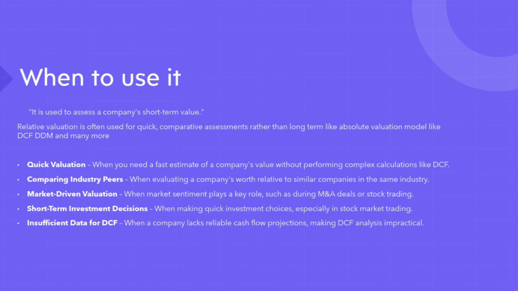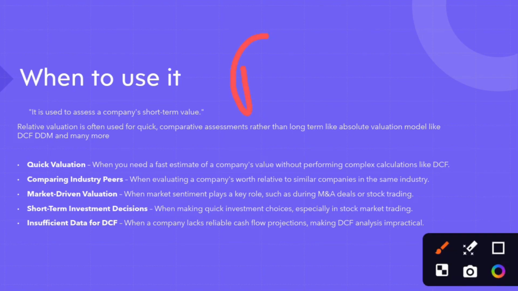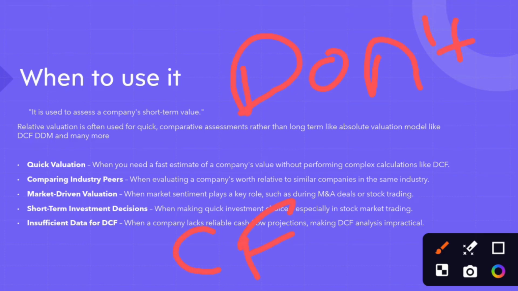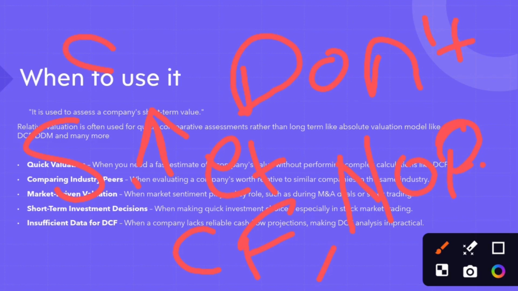Next, inefficiency of DCF data, when a company lacks reliable cash flow projections, making a DCF analysis impractical, meaning companies which do not have cash flow and no profits, etc. Companies like startups grow only in terms of their subscribers and sales revenue.